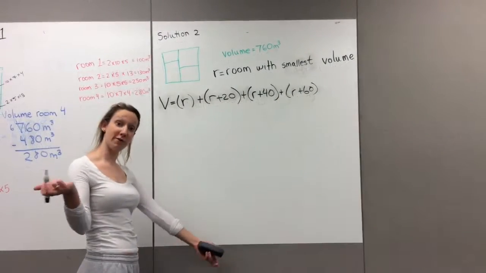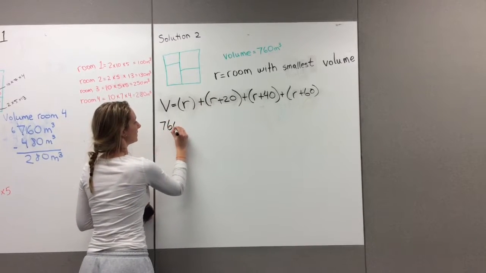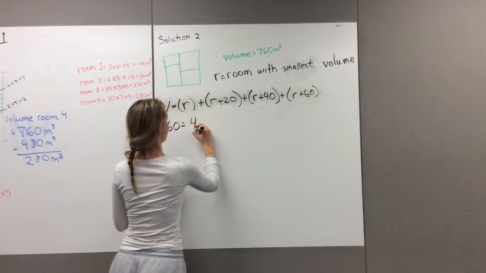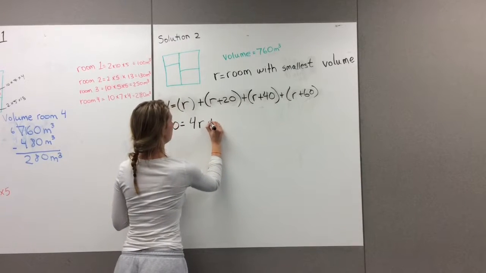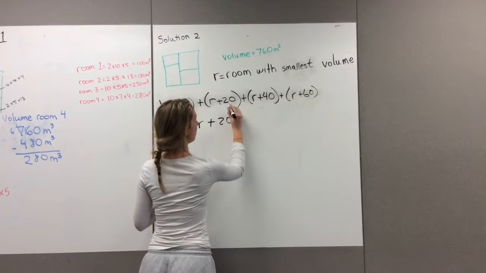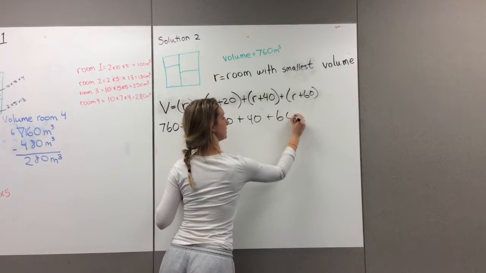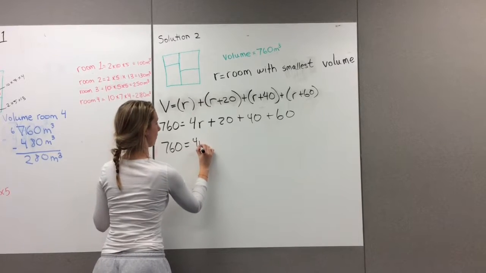So now I'm going to solve it. So the volume we know is 760. For R, because there's 1, 2, 3, 4 Rs, plus 20 plus 40 plus 60. So 760 equals 4R plus 120.